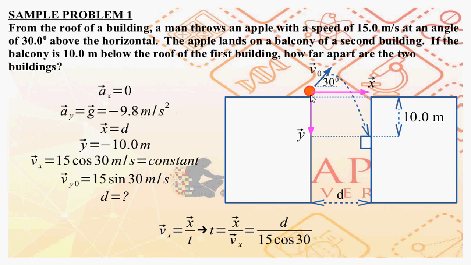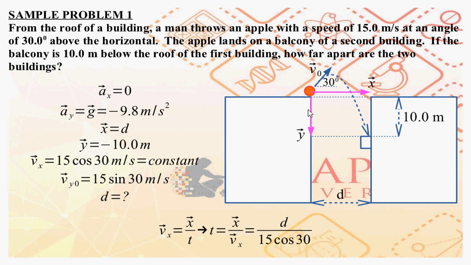Displacement along the x component is just d, positive d, because positive direction, the displacement x on the x component. Whereas along the y component, the projectile, the apple, will go up and then down.